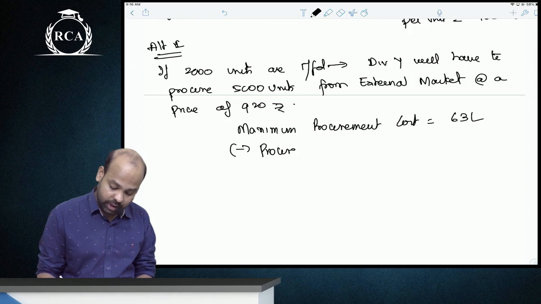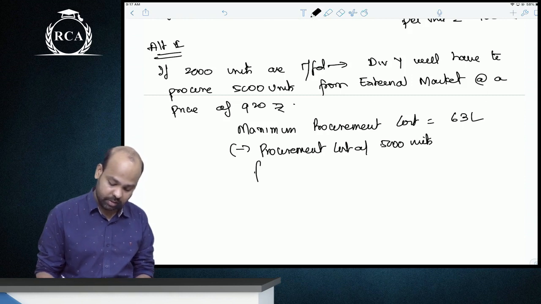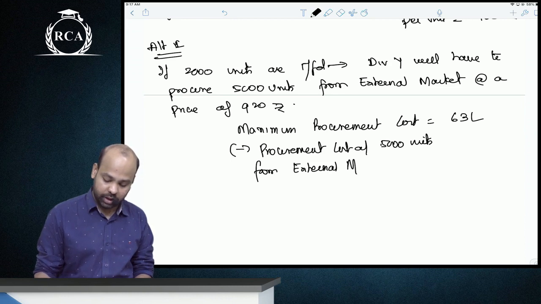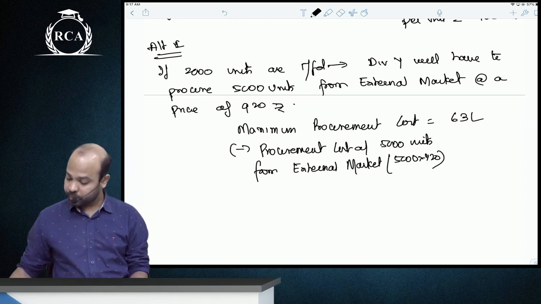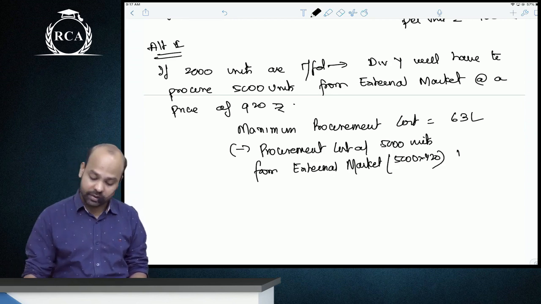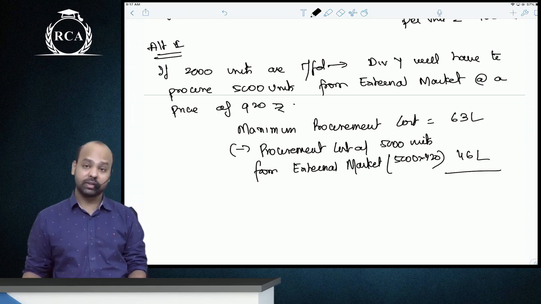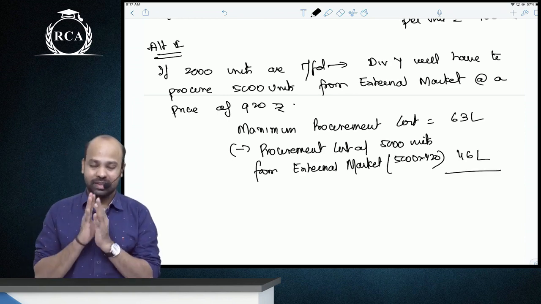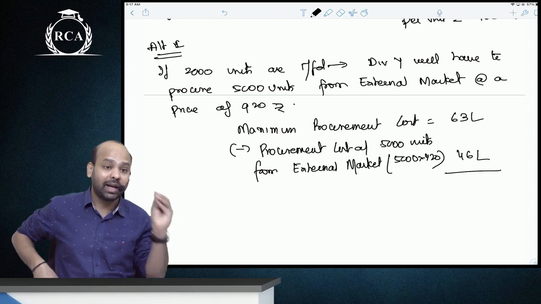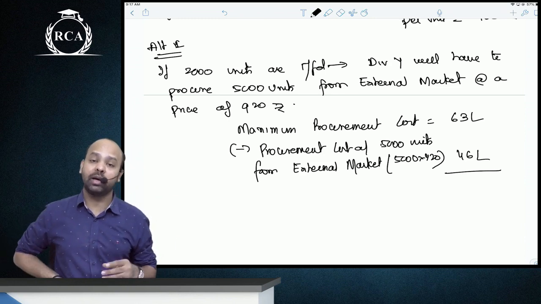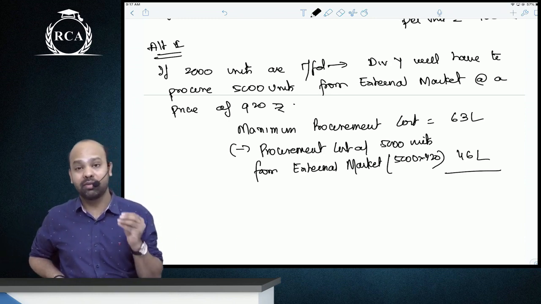And then, what is their procurement cost of 5,000 units from the external market? At a price of 5,000 into 920, that is 46 lakhs. They will say, okay boss, if we were buying the entire 7,000 units from the external market, we would have paid only 63 lakhs.